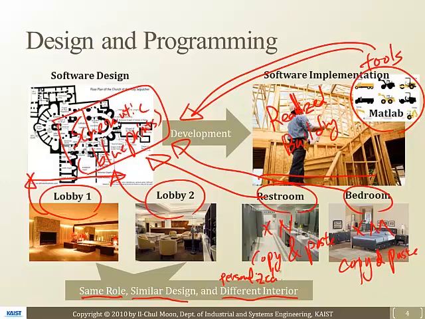And software design works just like this. We have certain functions that need to be covered in the software, and some of those functions can be copy and paste based coding. And some functions require more elaborate coding.